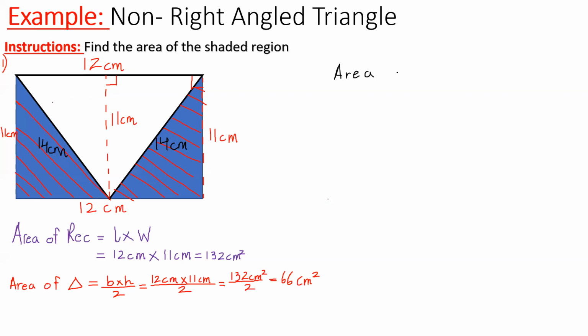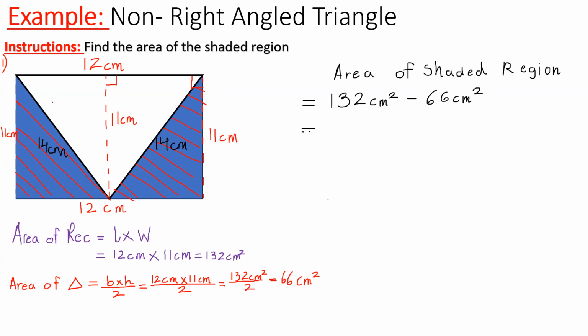So the area of the shaded region is equal to 132 centimeters squared minus 66 centimeters squared, which is 66 centimeters squared.